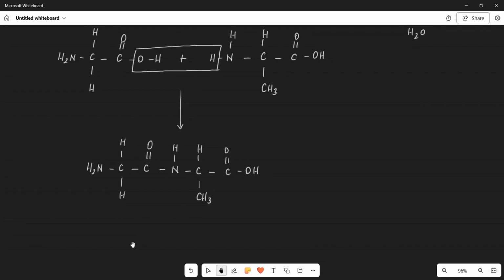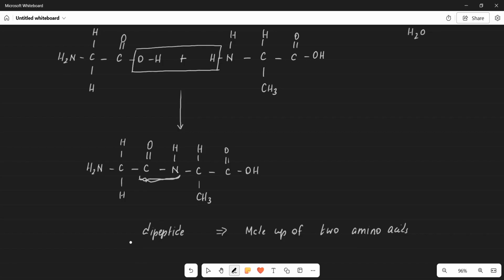So this is called a dipeptide. Why dipeptide? It is made up of two amino acids, or else it is the condensation product of two amino acids.